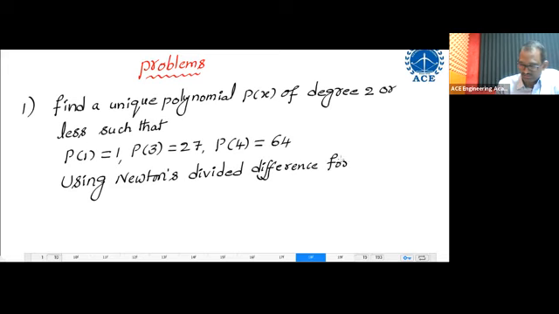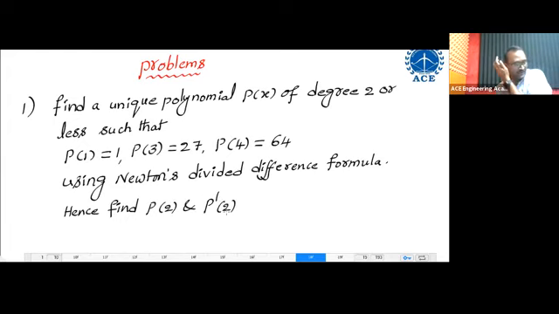Using Newton's divided difference formula, full stop. Hence, find P of 2 and P dash of 2.